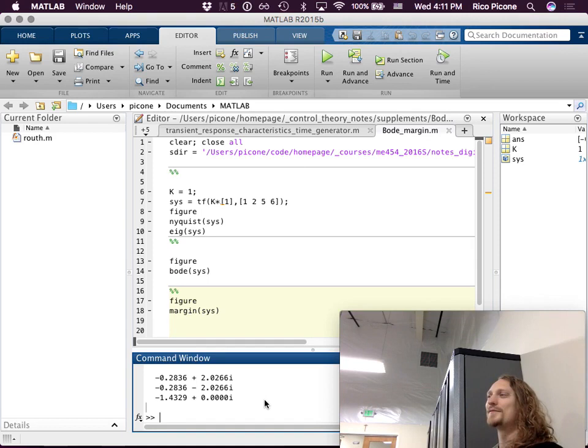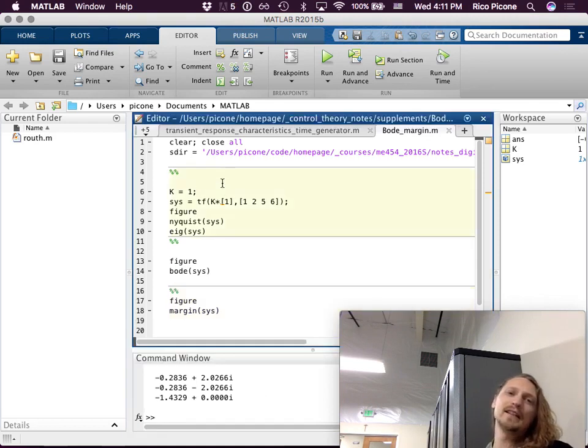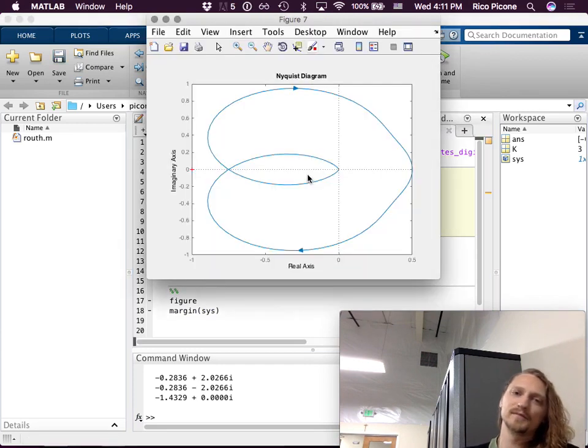So, let's say instead of putting a gain of 1 in the numerator, I put a gain of 3 in the numerator. And this gives us a non-zero phase margin, okay?